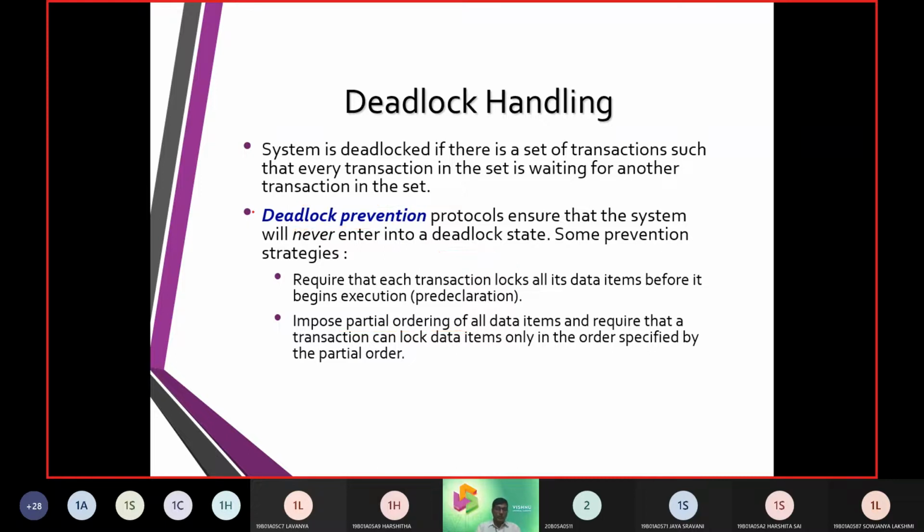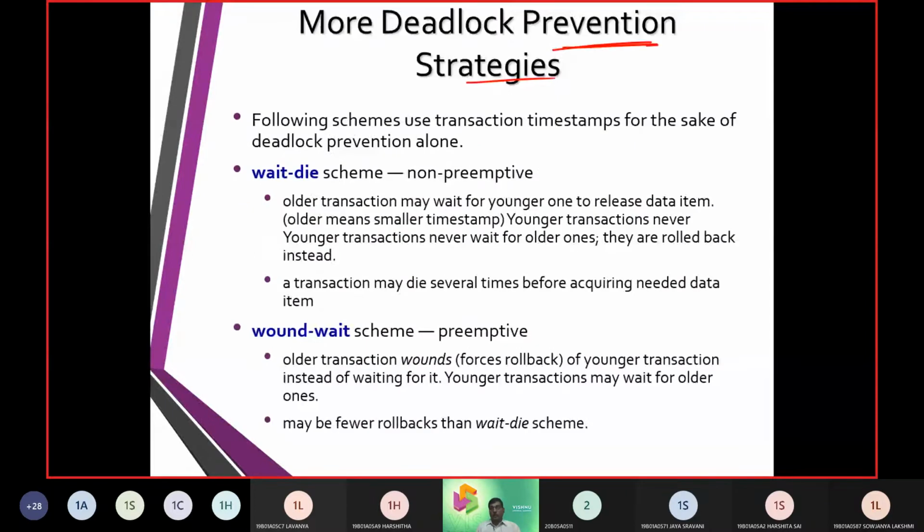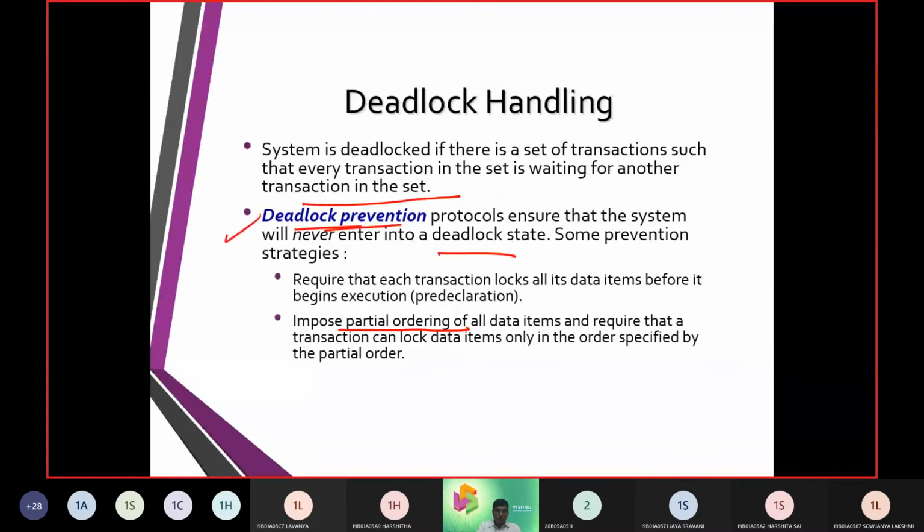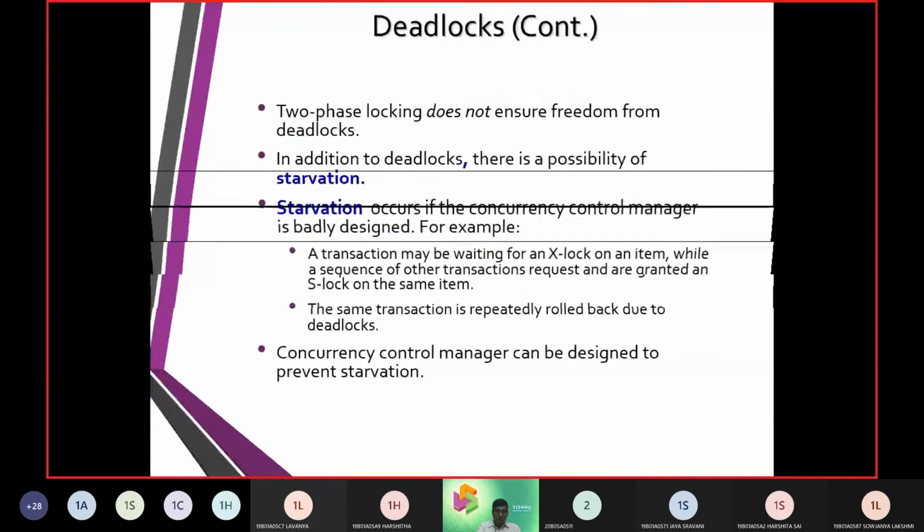Okay, deadlock has to happen. So how can I prevent this issue? You can prevent this issue by using the concept of timestamps. By using timestamps, we can prevent the occurrence of deadlocks.